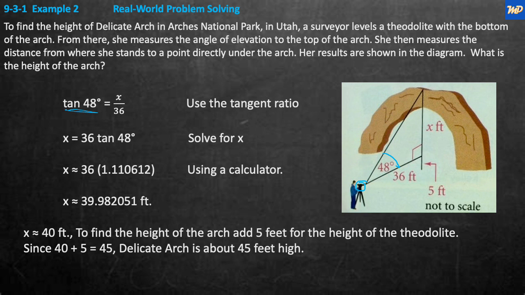Okay? When we solve for x, we multiply both sides by 36, and we get x equal to 36 times the tangent of 48 degrees. If we run that in the calculator, because you're going to need a calculator to get the tangent of 48 degrees, you type in 36 times tan 48, and you get 36 times 1.110612.